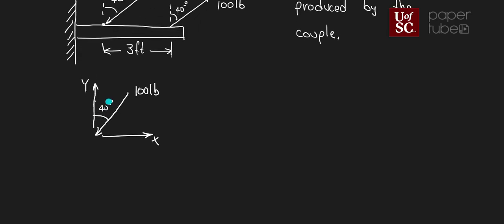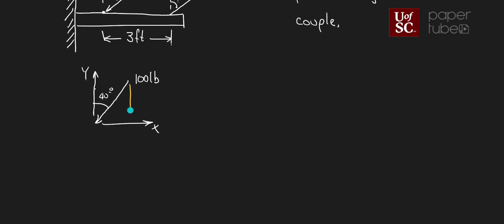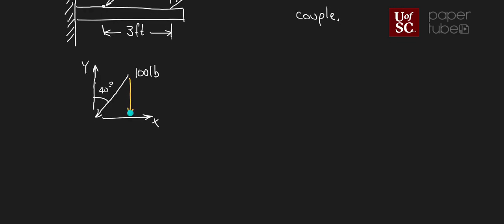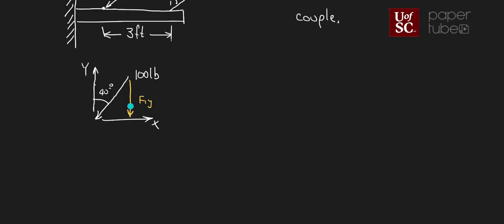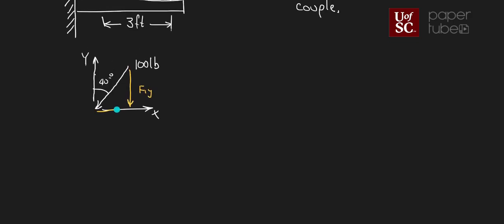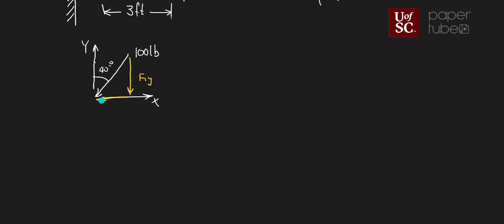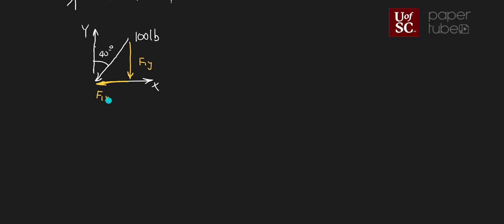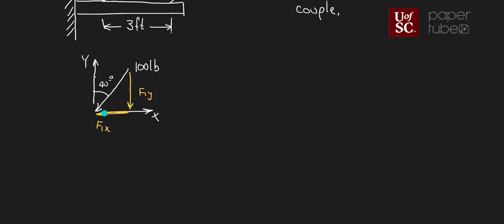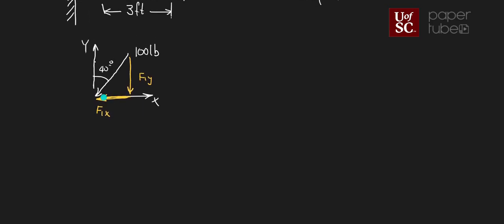And basically, what I want to do is find this force, let's call it F1y, and this force F1x. If I find those two forces, I should be able to simplify the problem a little bit. So how do I do that?